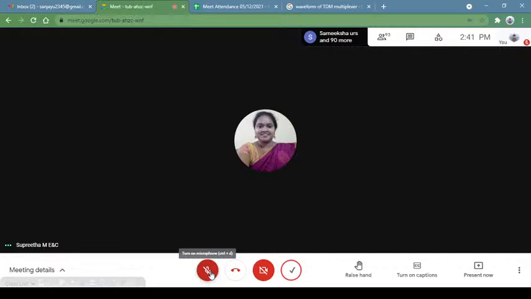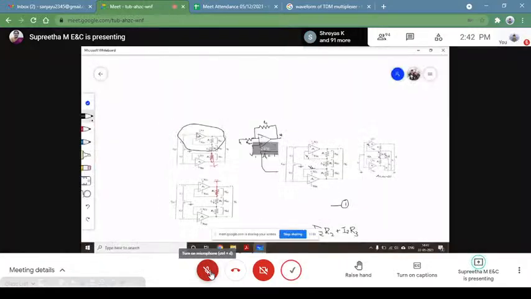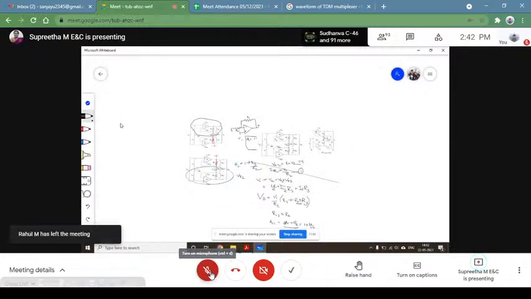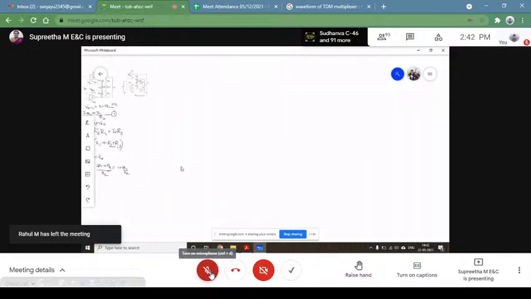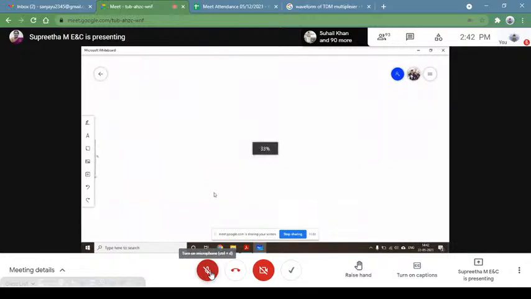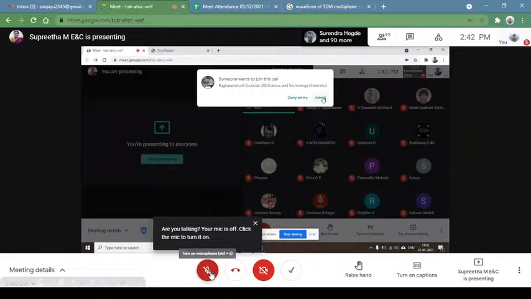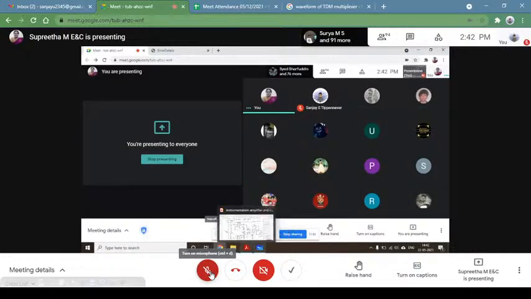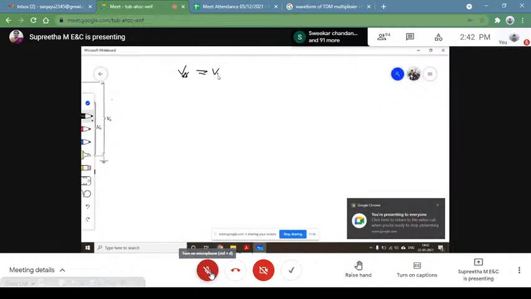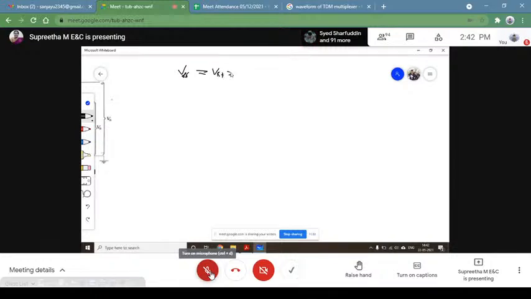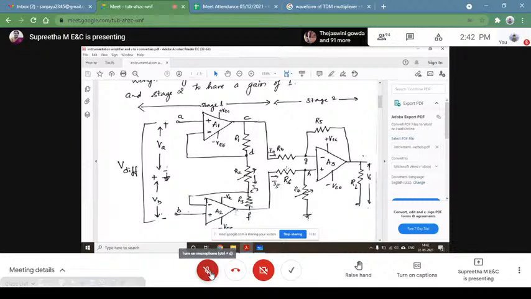So if you take VR6 equal to VR7, in the resistance R6 of this circuit, at least the minimum current will flow.